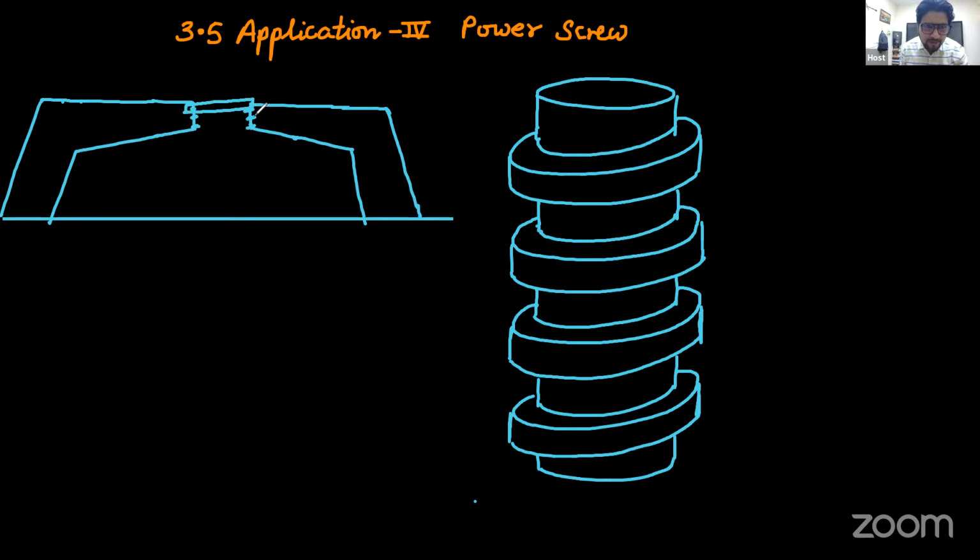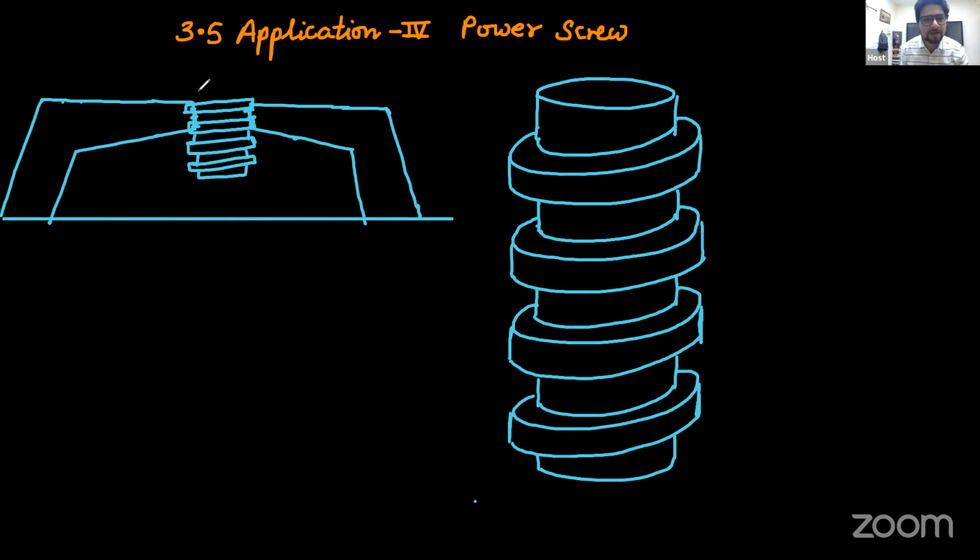The external thread of the power screw is fitted into it like this. So the power screw's external threads are fitted into this frame.